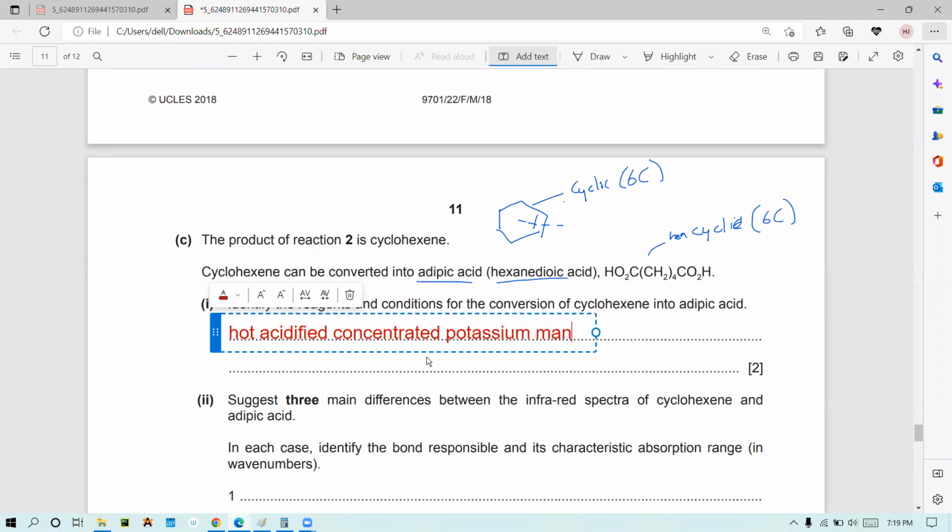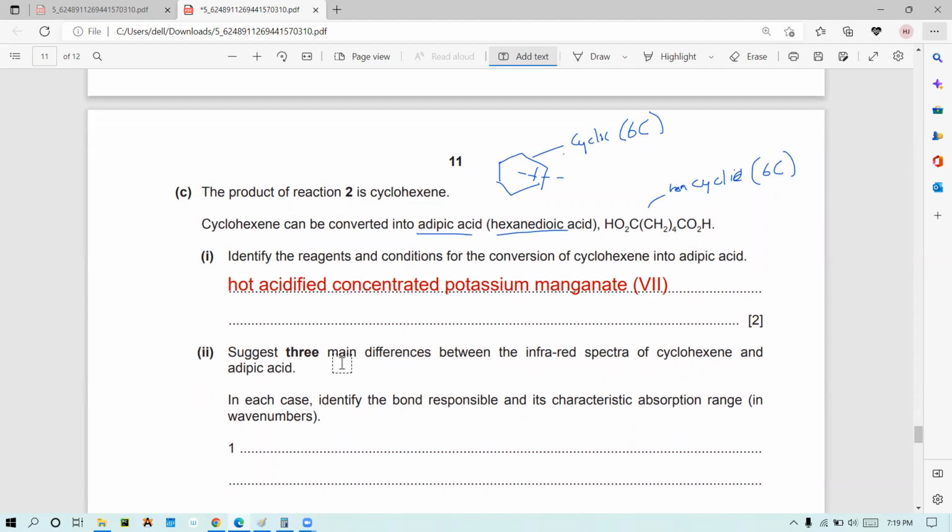Potassium, we can write potassium manganate. We write within brackets 7 because oxidation number of manganese is 7 in this. Yeah, acidified concentrated potassium manganate.